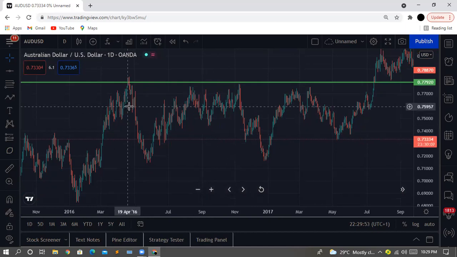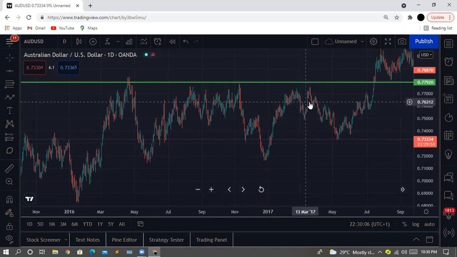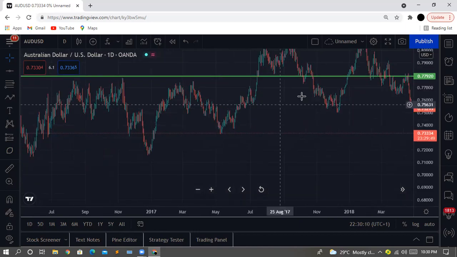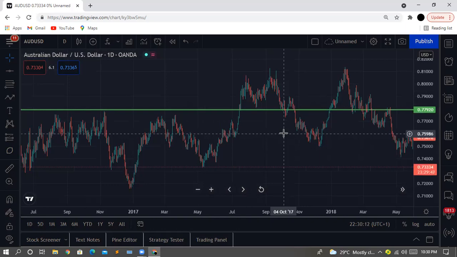It tested this point first in April 2016. The next time you can see it going there is in August 2016. The next time in November 2016. Other times were in 2017, before it finally broke out of that region.